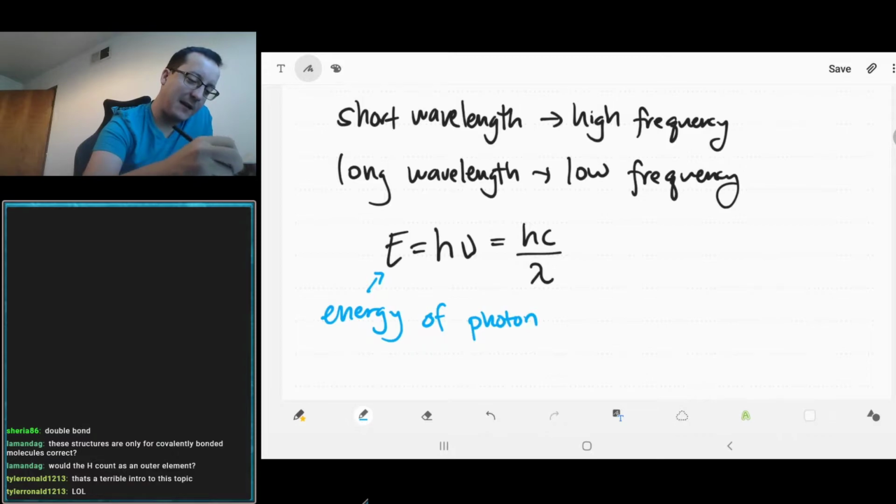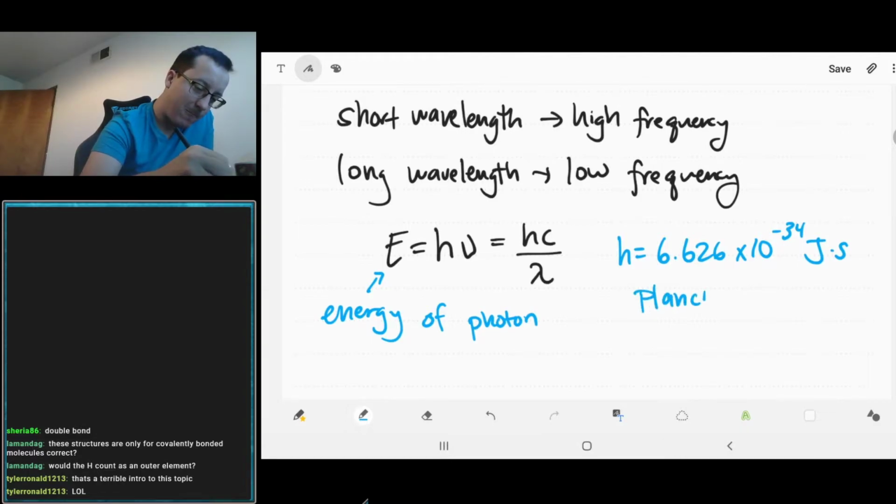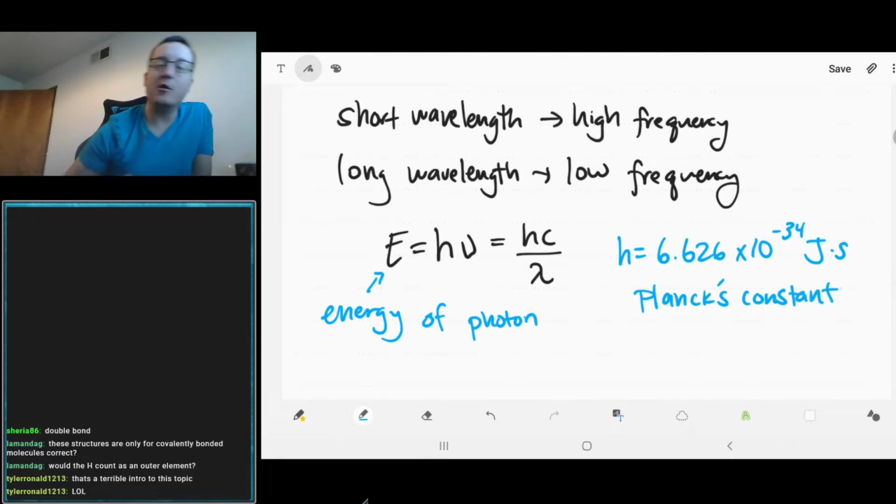And we're going to see that h is just a constant. This is called Planck's constant. It's going to be used all over the place in quantum mechanics.